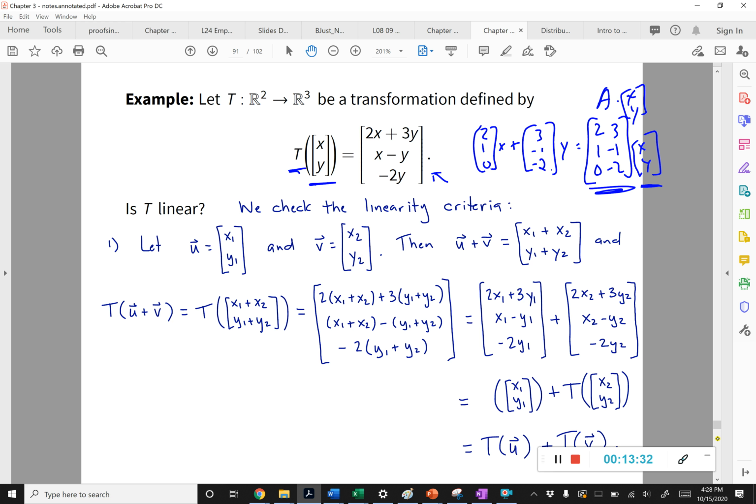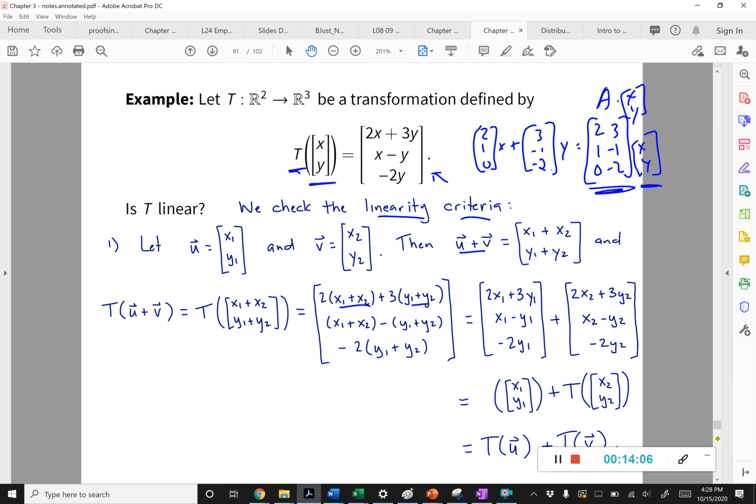Here below, we check the linearity criteria, where you can let u equal (x1, y1) and v equal (x2, y2). So these are any 2 points. Then you can calculate u plus v, and then you can apply this matrix, plug in your u's and v's with your x1s, x2s, y1s, y2s, and everywhere where there was an x and y, you get these.